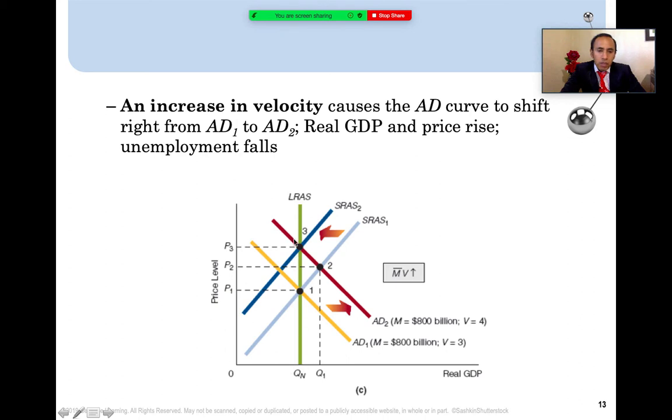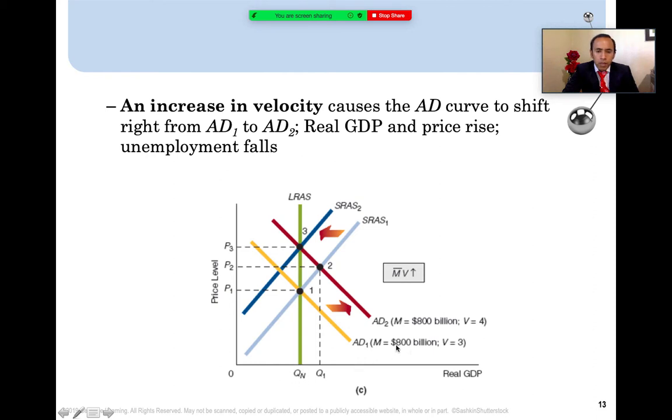We have the level of GDP, QN, the long run aggregate supply curve, the aggregate demand, AD1, the yellow curve, and the aggregate supply, which is the SRAS1, the yellow blue curve. The level of gross domestic product, QN, is a natural state.